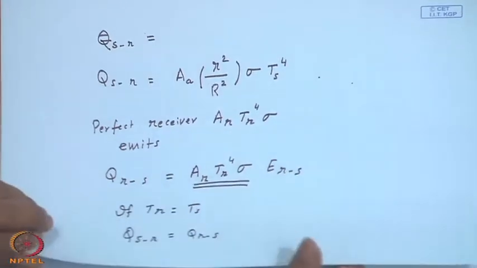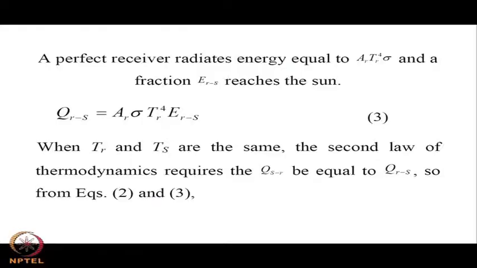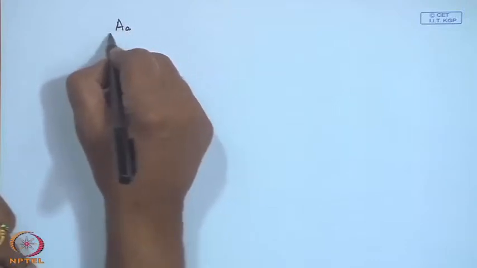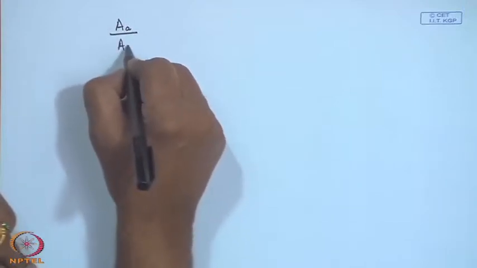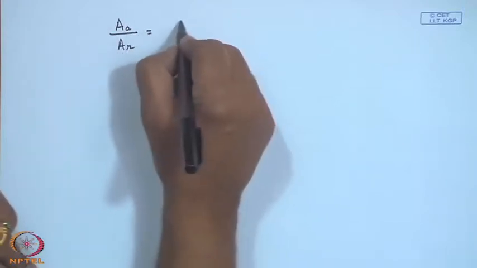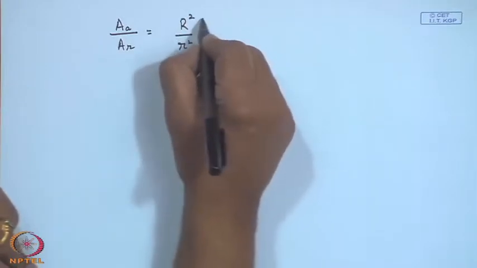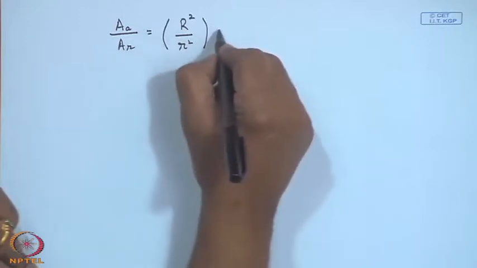Since there is no more temperature change between T_r and T_s, the emitted radiation should be equal to the radiation received from the sun. So, that gives us A by A_r equal to r square by r square times E_rs.